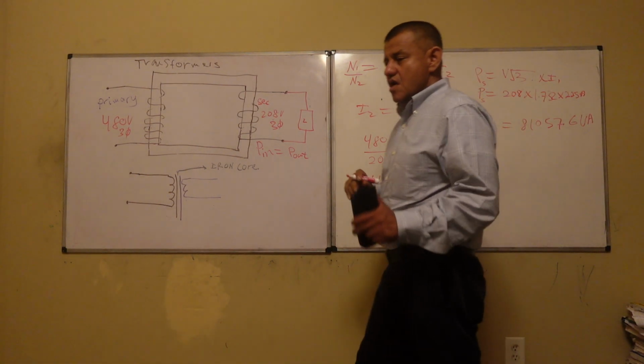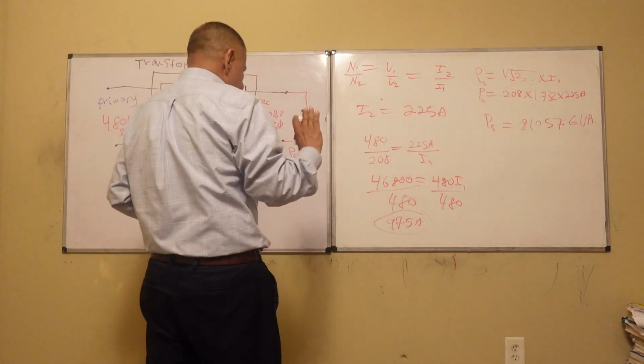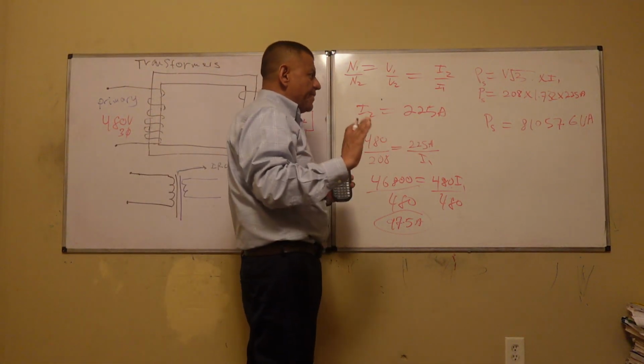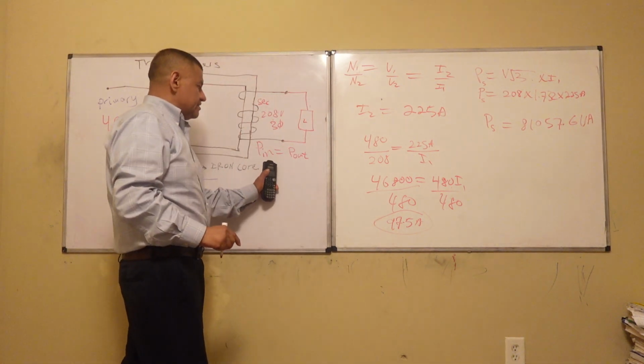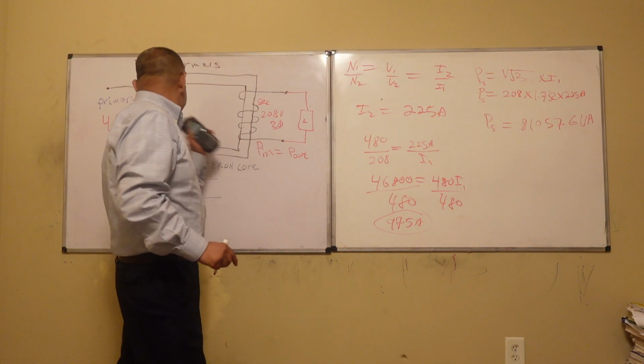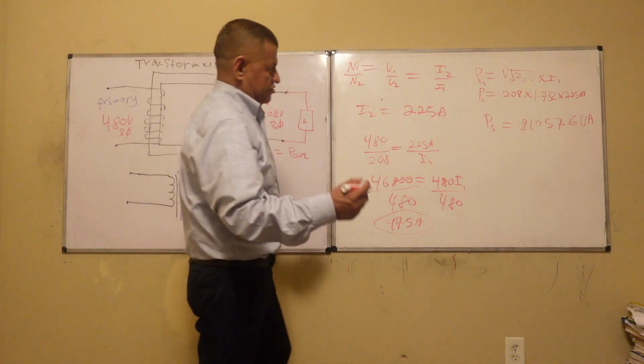Now, let's find the power of the primary. We want to claim that this is true, right? Now we want to find the power coming in. Do the same thing.